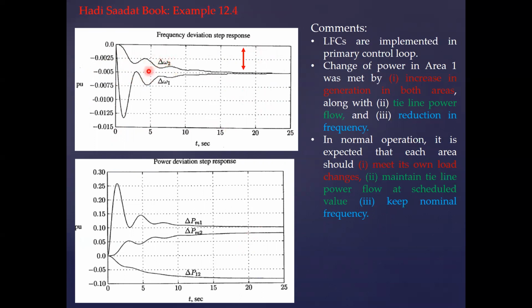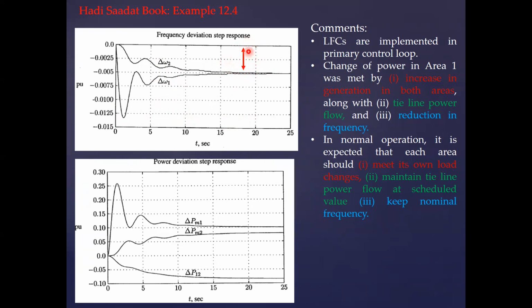So you can see the frequency profile for the two areas here. During the initial stage, the frequency profiles for the two areas are different, but at a later stage the frequency profile for the two areas become the same, and still you find this steady state frequency deviation here.